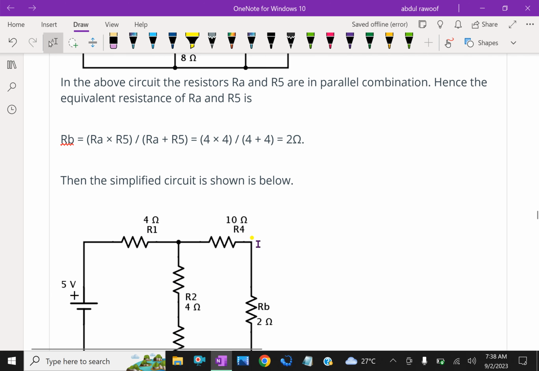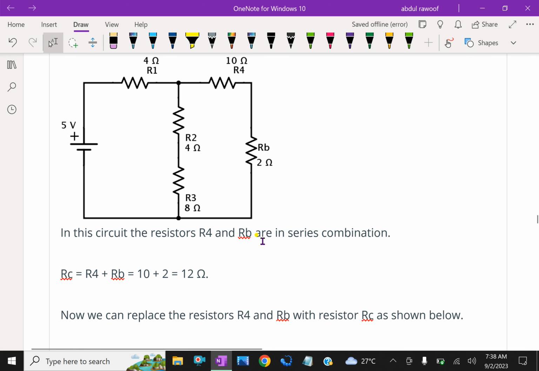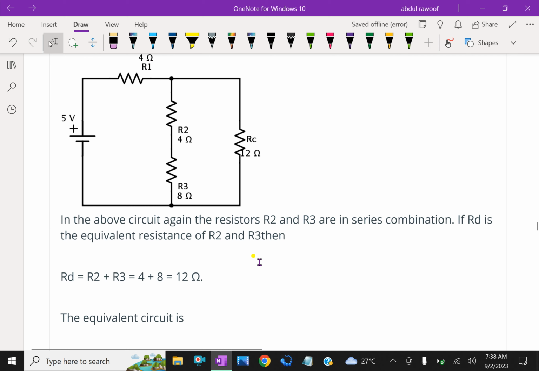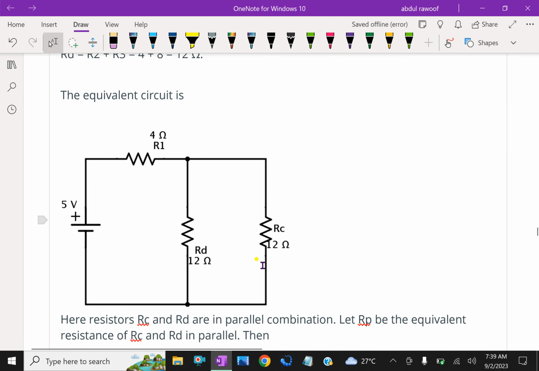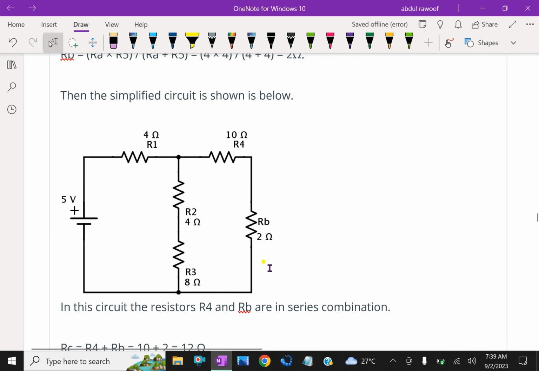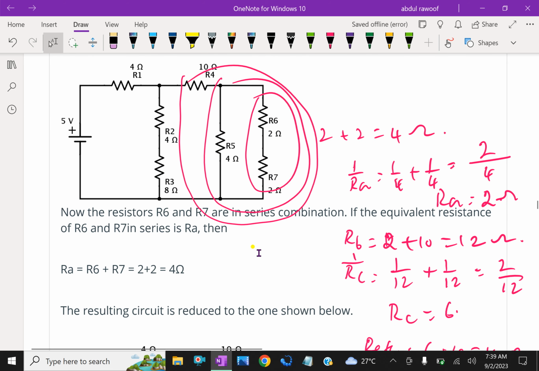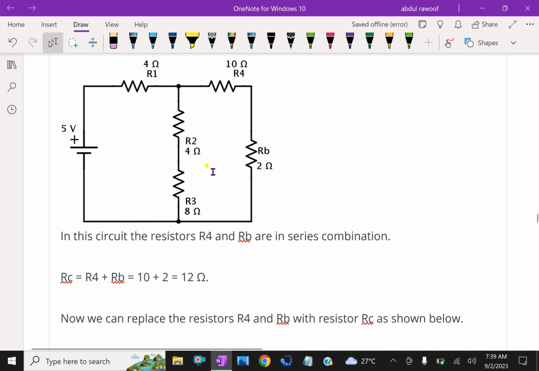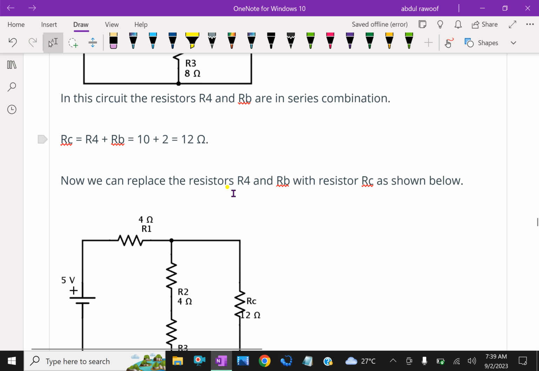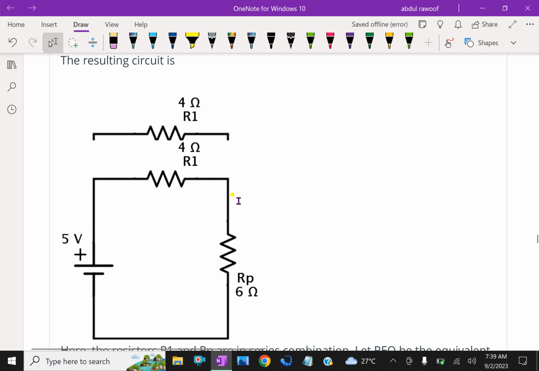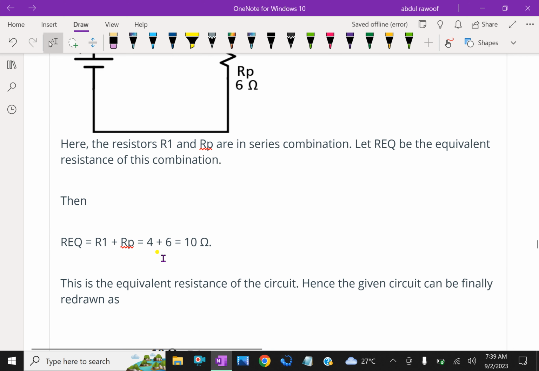So all this explanation gives 12 ohm, that equivalent circuit is 12 ohm. So totally R equivalent is 10 ohm.